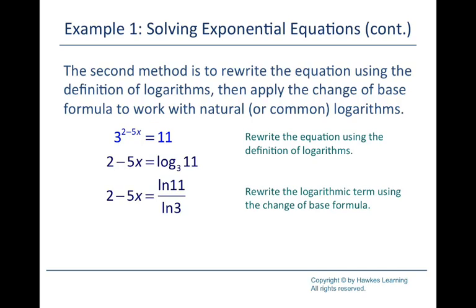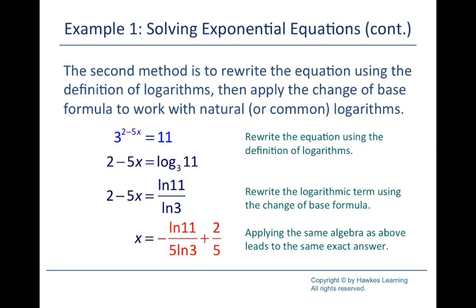And that equals 2 minus 5x. So on the right, that generates a number answer. You'll subtract 2, and then divide by -5. And so you still end up algebraically with the same answer, doing it either way. I like the first way better, personally. Okay.